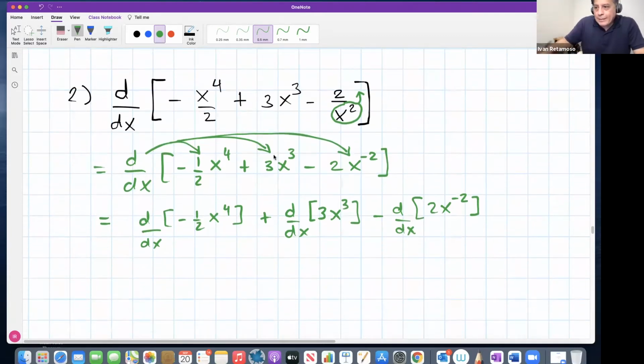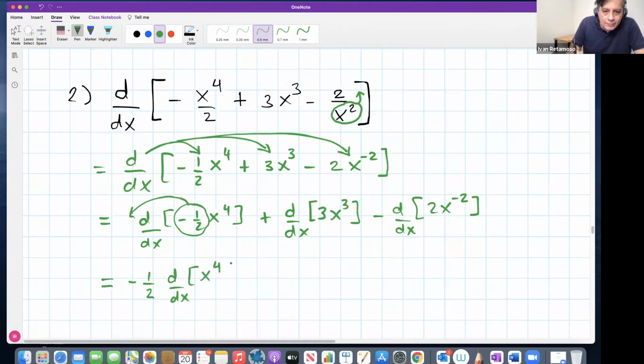So then notice this is a constant. So we know we have this constant multiple rule, that is the name of the property, right? The constant multiple rule says that we can take outside of the derivative the constant and focus on taking the derivative of the function, right?